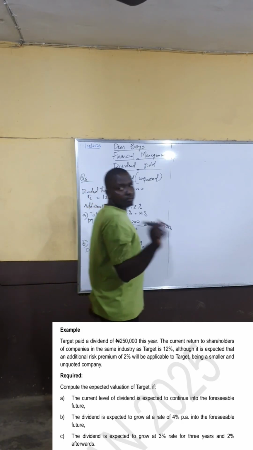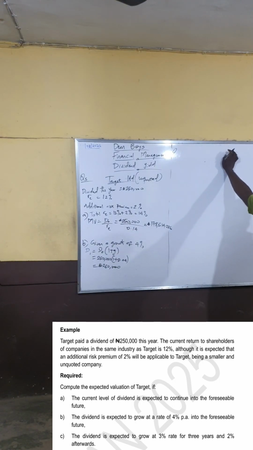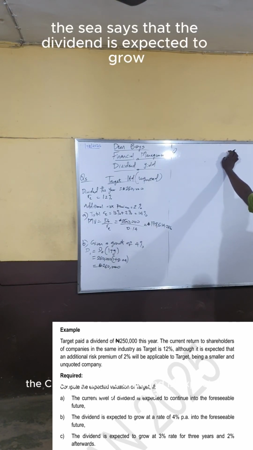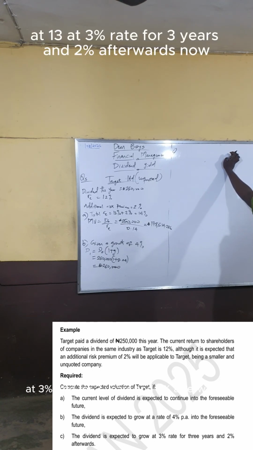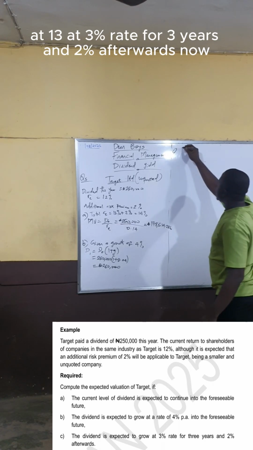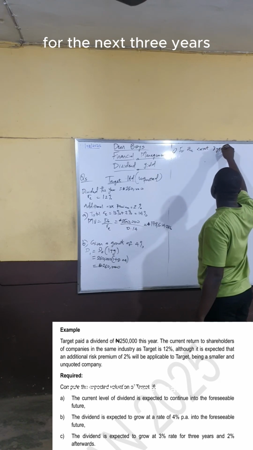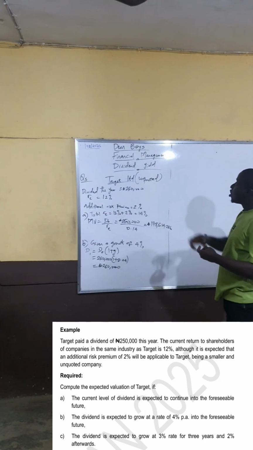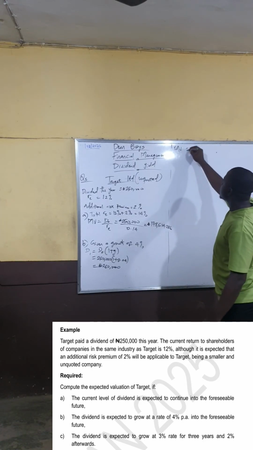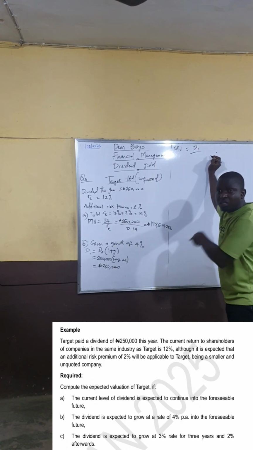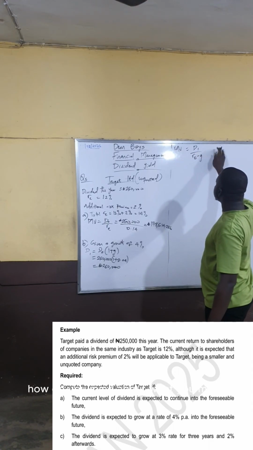Now, number C. What did they ask us? The C says that the dividend is expected to grow at a 3% rate for 3 years and 2% afterwards. We've gotten our D1, so if we need to get our market value, market value equals D1 over RE minus g.